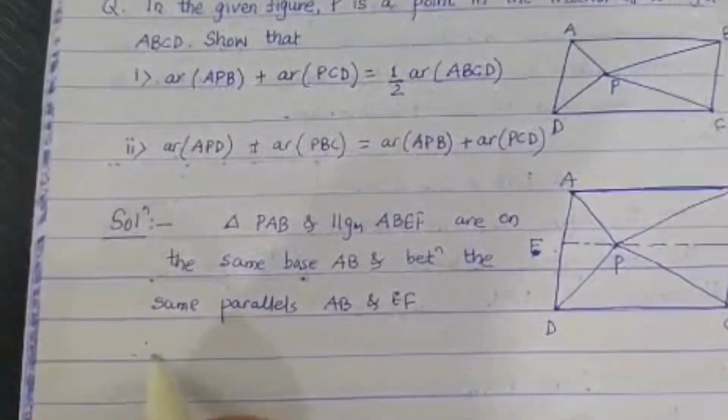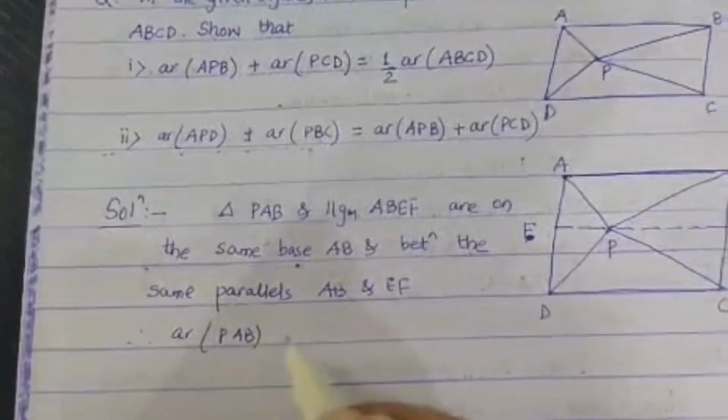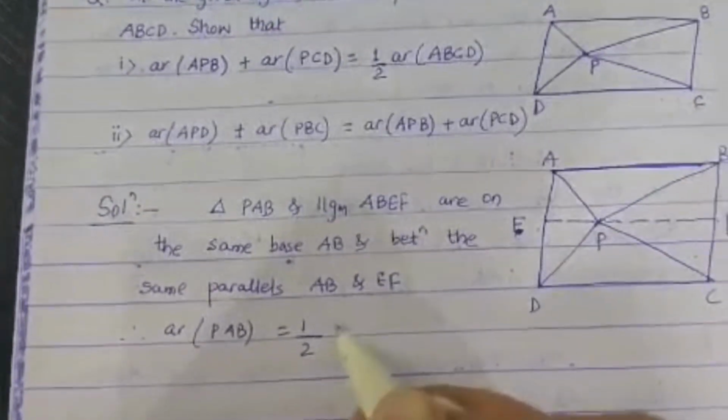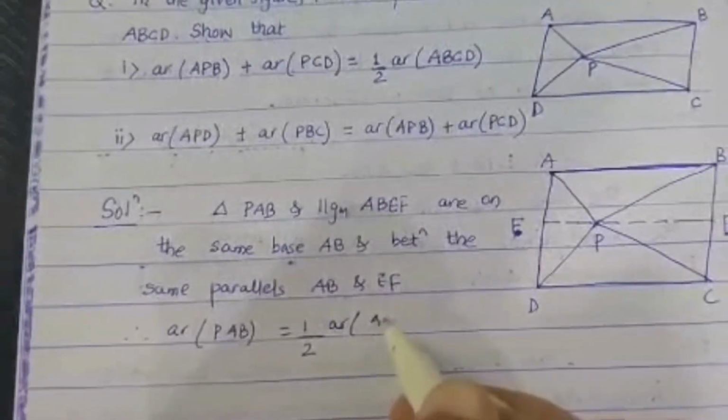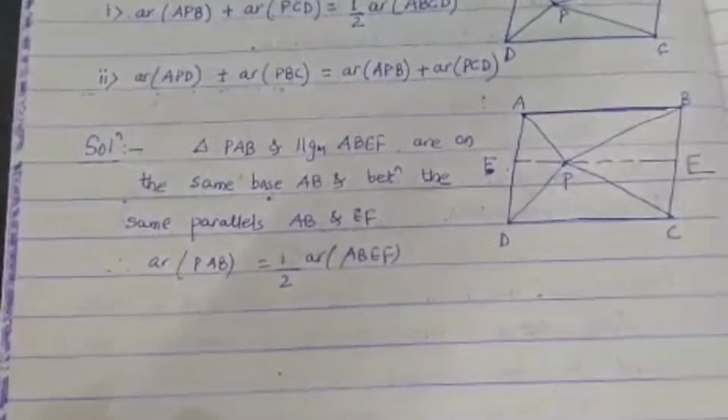Therefore area PAB is equal to half of area ABEF. We know this from the theorem.